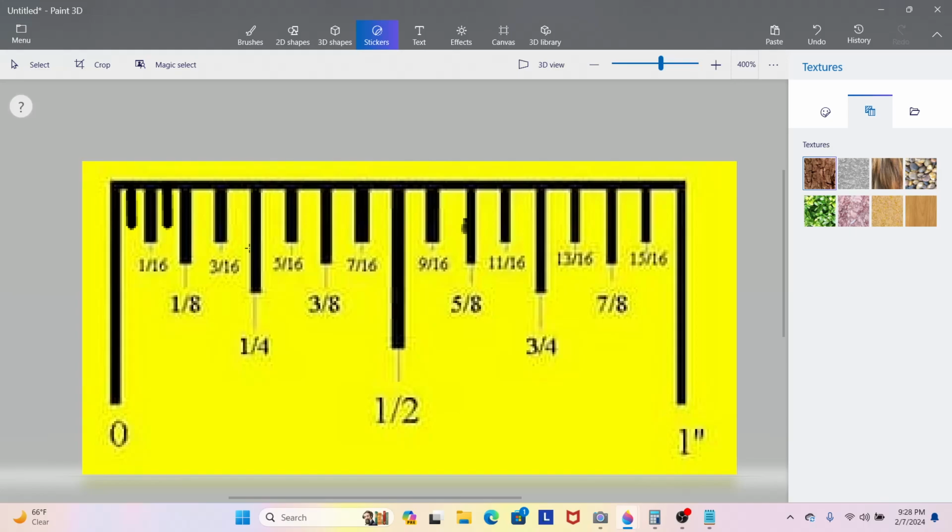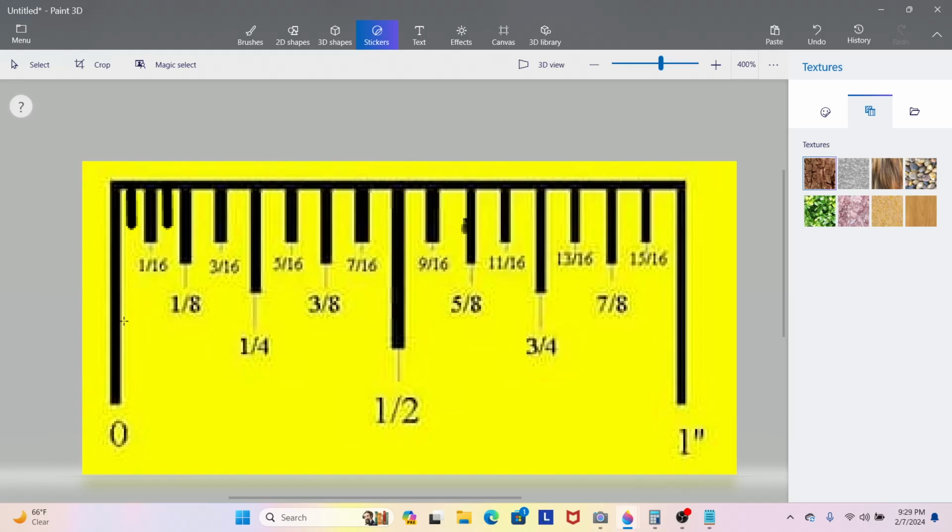So 4/16. Well, 4/16, 4 can divide into 16 4 times. So you got the fraction down here of 1/4, because 4 will divide. So here's 5/16, 7/16, 8/16. Well, 8/16 is 1/2 whenever you divide it down. So 9/16, and you just go so forth all the way over till you get to 16/16, which is 1 inch.